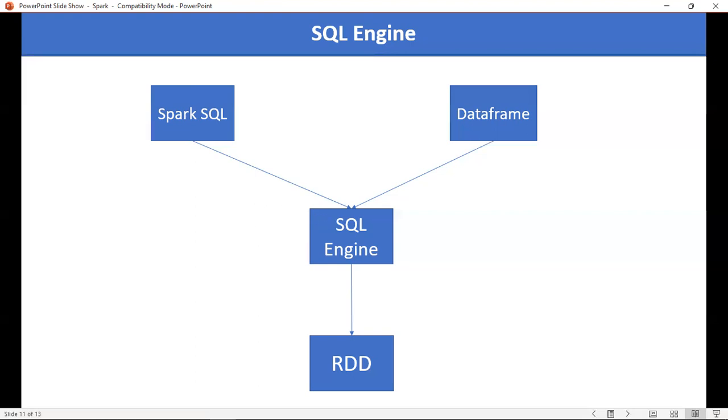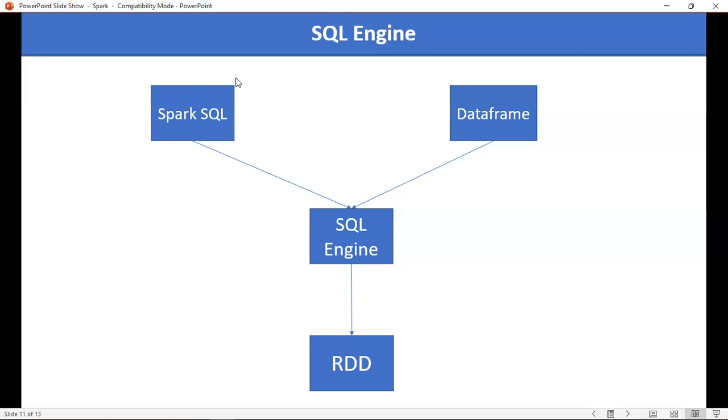Taking that best physical execution plan, it will convert your code into low-level RDD code. And that RDD code actually gets submitted for execution. So even though you are writing in data frames, all of your code is getting converted into RDD object level code through SQL engine.